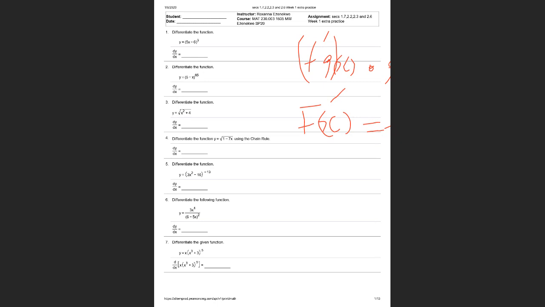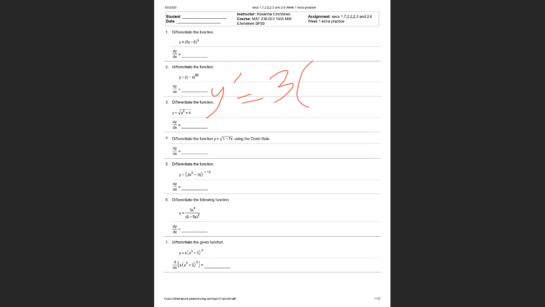All right, so dy dx, the derivative of the entire function, which is the same as y prime, is equal to 3 into, bring down the inner function, 5x minus 6 to power 2. That's 3 minus 1, 2.